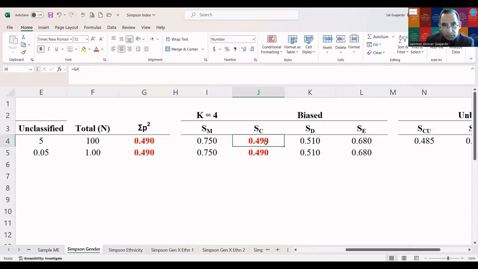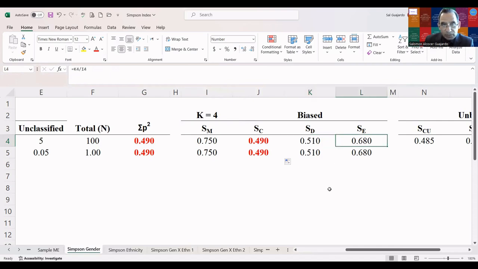What I can do is just drag that down, and that gives me the concentration score again for percentages by gender group. To calculate the diversity score, it's going to be 1 minus 0.49. That gives me 0.510.